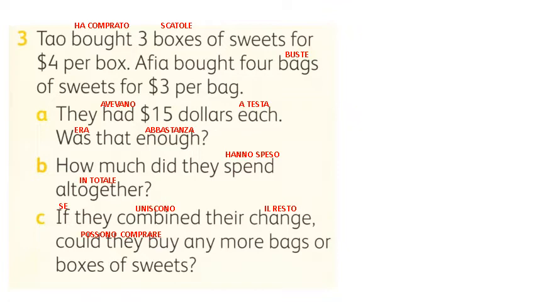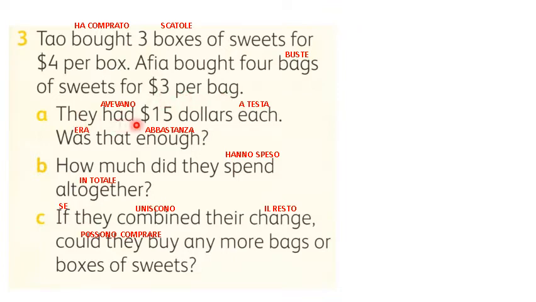Let's take a look at it together. Okay, so here we have Tal bought 3 boxes of sweets for $4 per box. So one box costs $4. Afia bought 4 bags of sweets for $3 per bag.